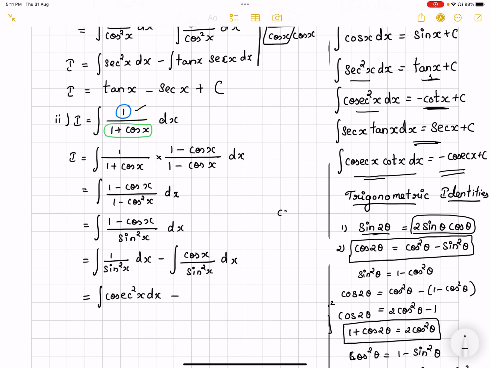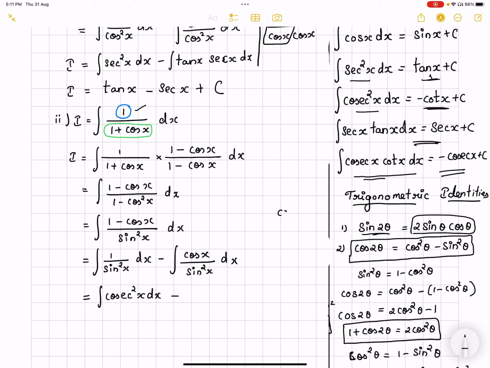So it is minus integral cosecant x cot x dx. Now let's substitute the integration formula directly. This is going to be minus cot x, and this is going to be minus of minus cosecant x plus c. So this becomes minus cot x plus cosecant x plus c.